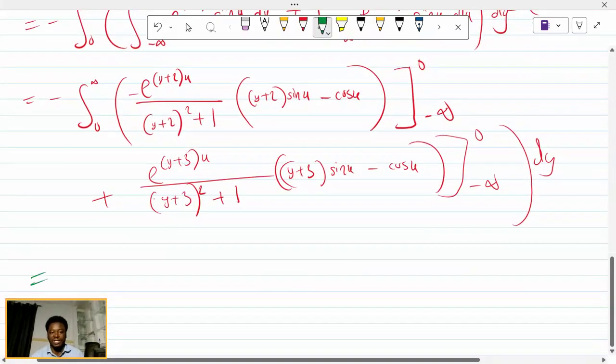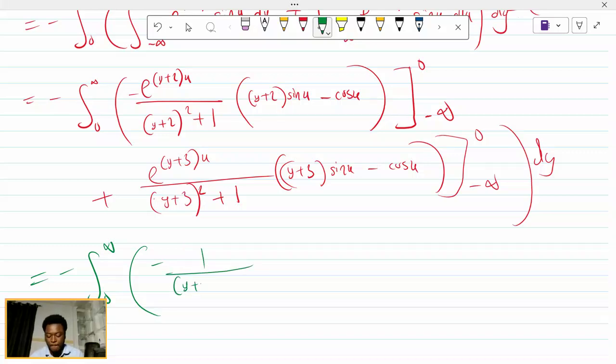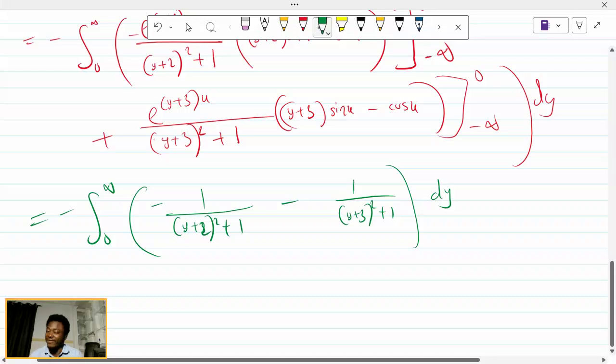This is equal to negative times the integral from 0 to infinity of what? On the first part, you have a negative 1 over y plus 3 squared, then you have 1 over y plus 2 squared plus 1, then 1 over y plus 3 squared plus 1, so everything is dy. So now we have a very simple integral.